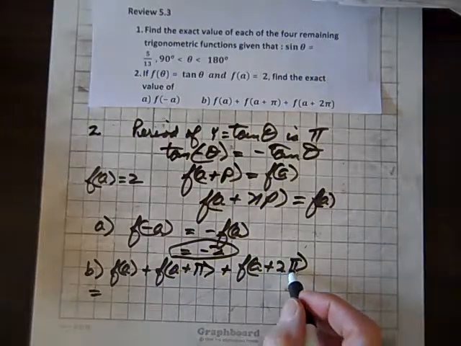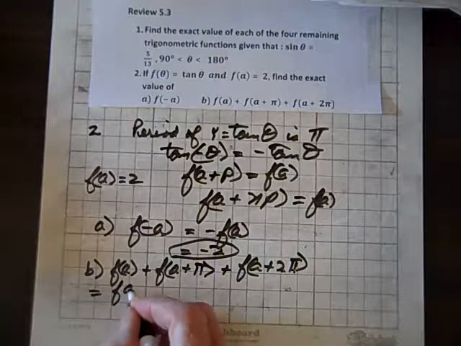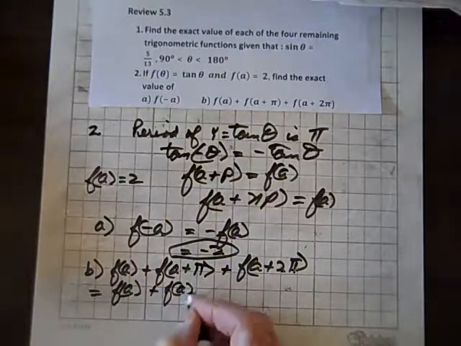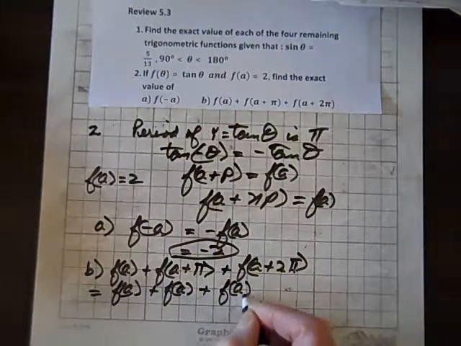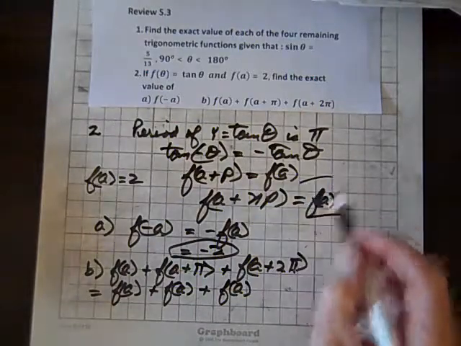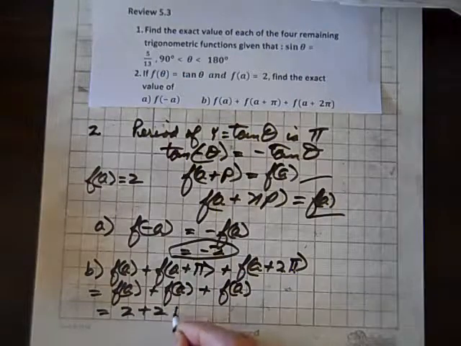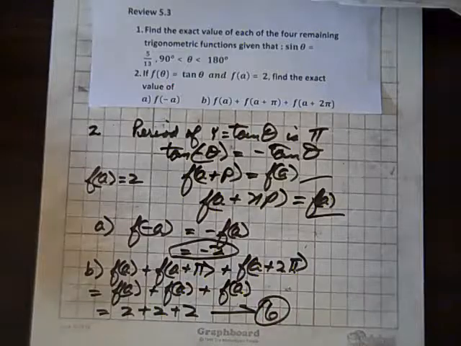And 2 pi is just an integer multiple of the period, so that's just going to equal f of a plus f of a plus f of a by what we stated here and here. So that just equals 2 plus 2 plus 2, and that becomes a 6, doesn't it? And we're done.